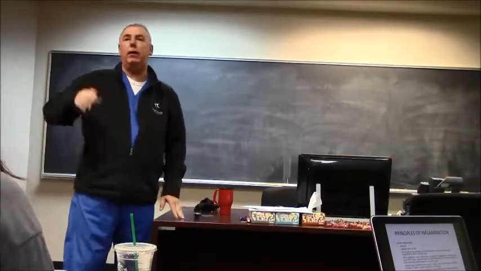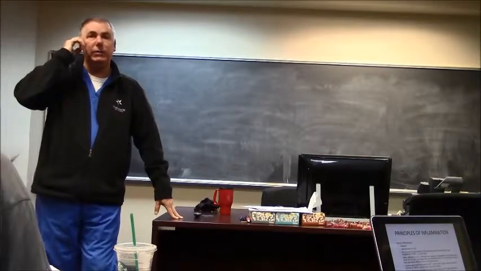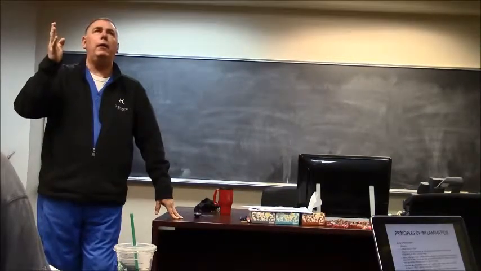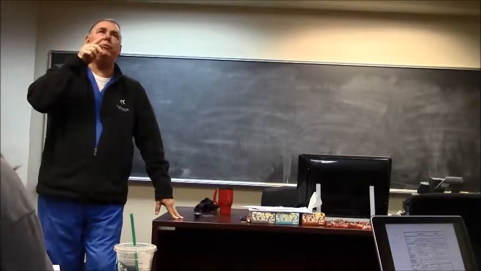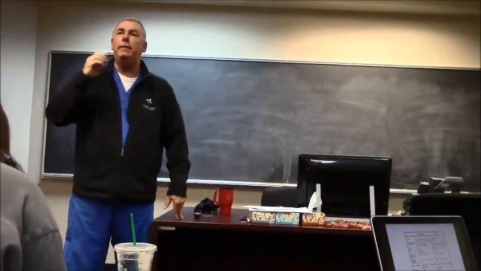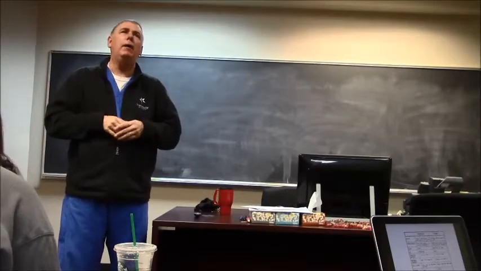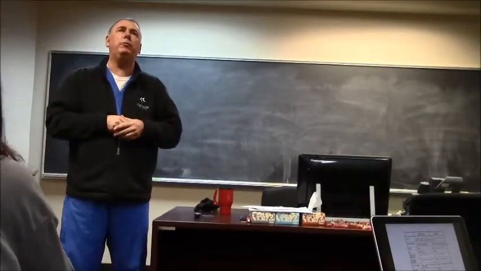Transudates and exudates are also compared in this chart here between the color being yellowish in transudate, and in exudate, think of it more as pus. And there are a whole bunch of differences between the two.